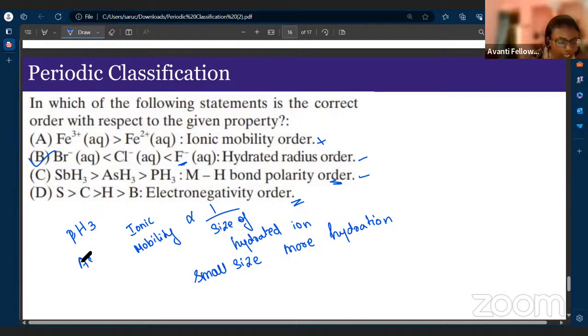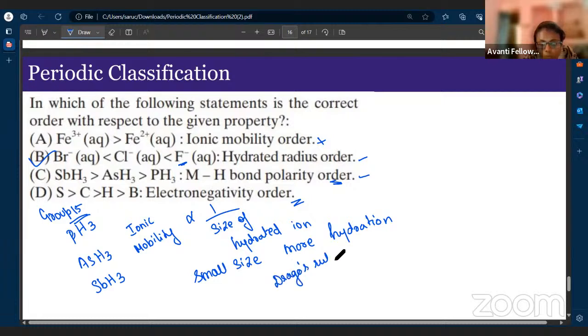You have like AsH3 and antimony, so all of this belongs to group number 15. So when you move down the group, do you remember the Drago's rule?